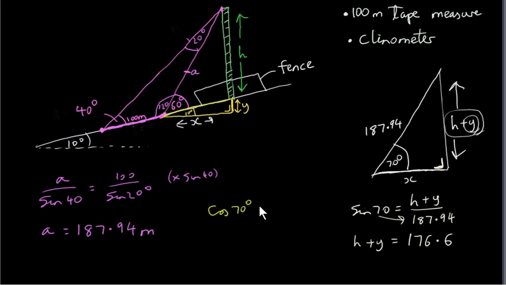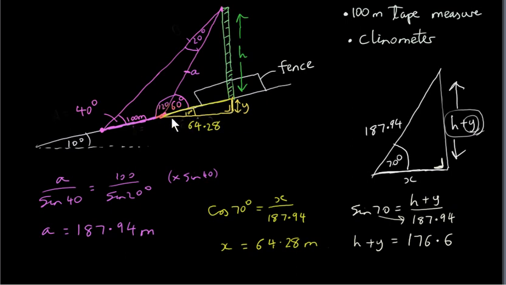Cos 70 degrees is the side adjacent to 70, which is x, divided by the hypotenuse, which is 187.94. So we just multiply 187.94 by cos 70. So we get 64.28 meters, sorry.